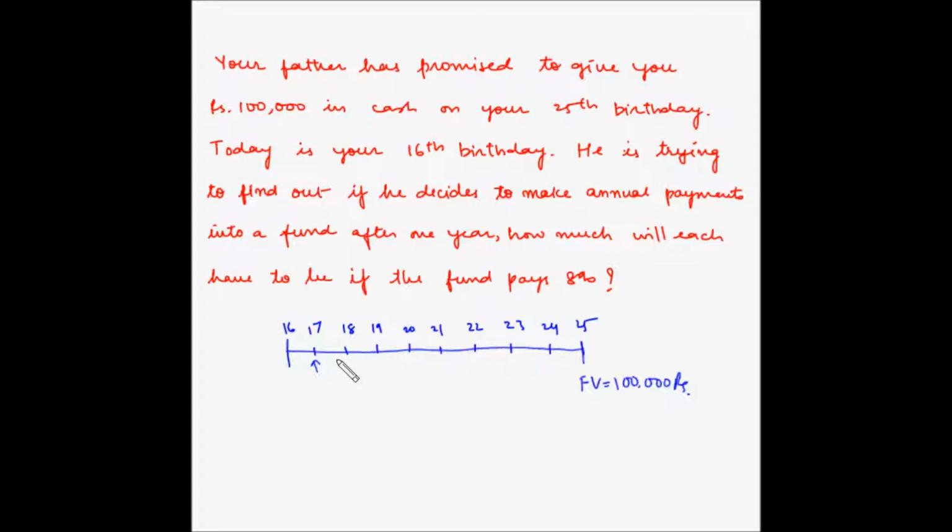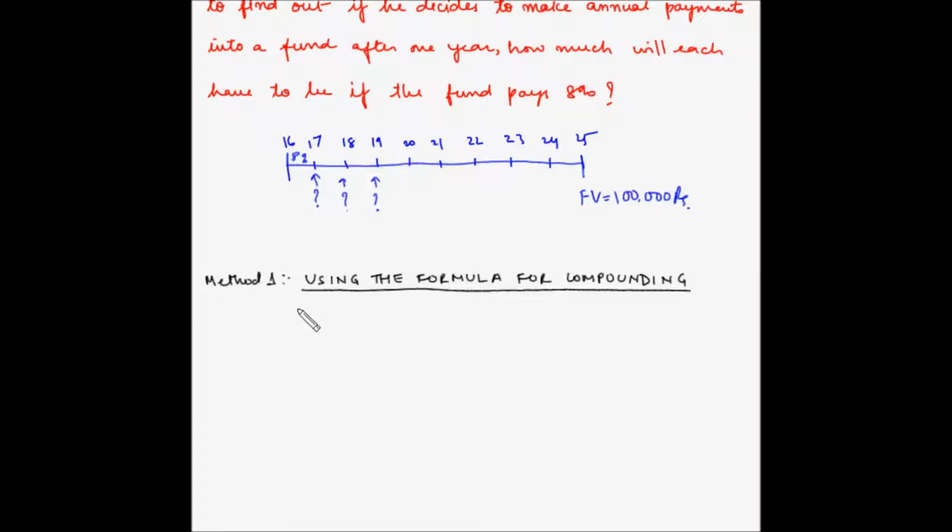Now if the fund pays 8% per annum, we are being asked to find out how much is this amount that your father needs to deposit every year. So let us look at the first method to solve this. So the first method is to use the formula for compounding.